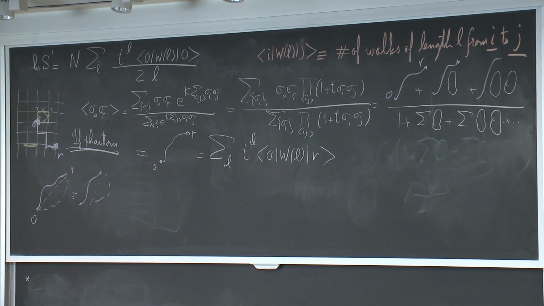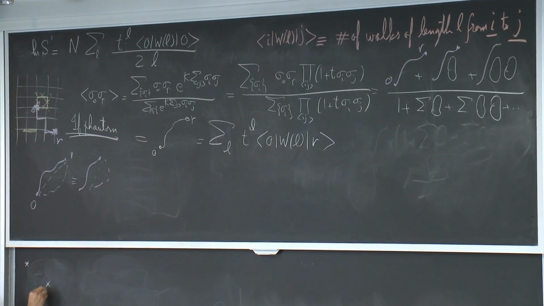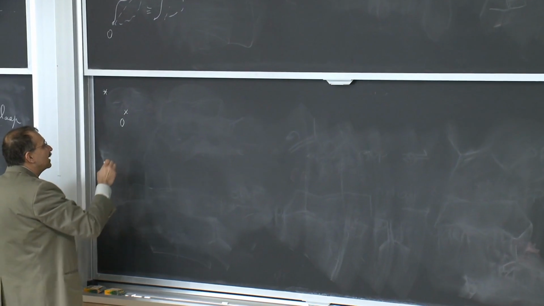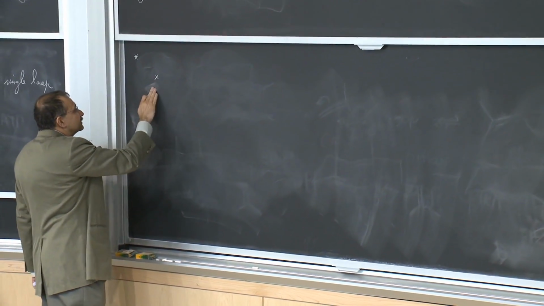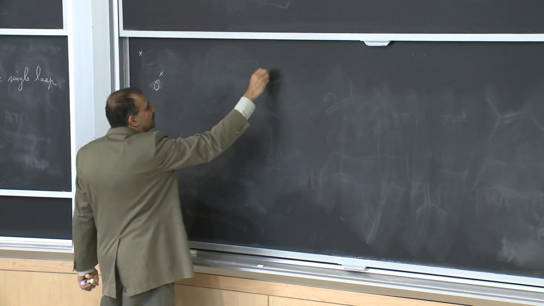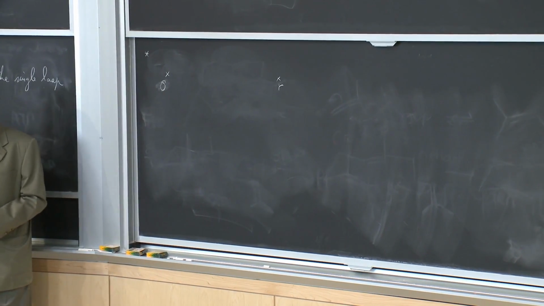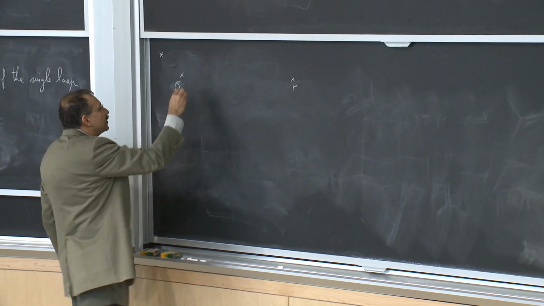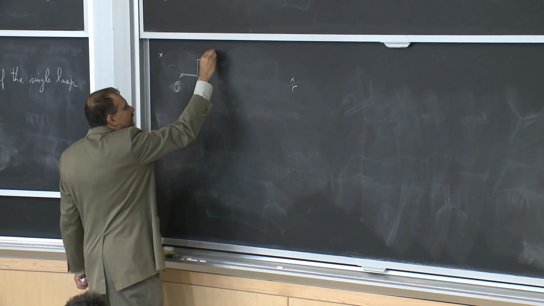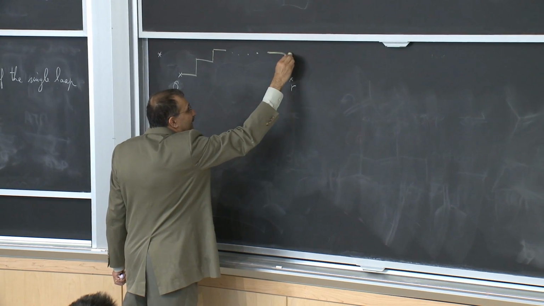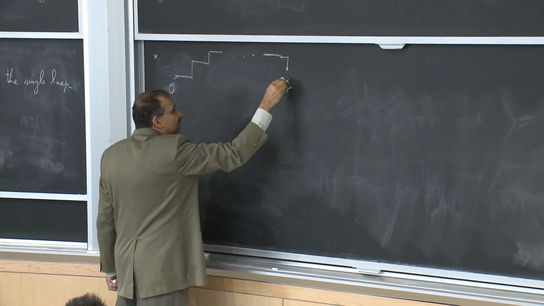Basically, I say that, okay, let's say that I start from 0. Actually, let's do it 0 and r. And let's say that I have looked at all possible paths that have L steps and end up over here.